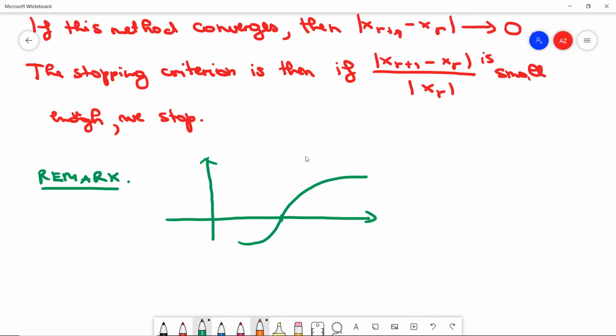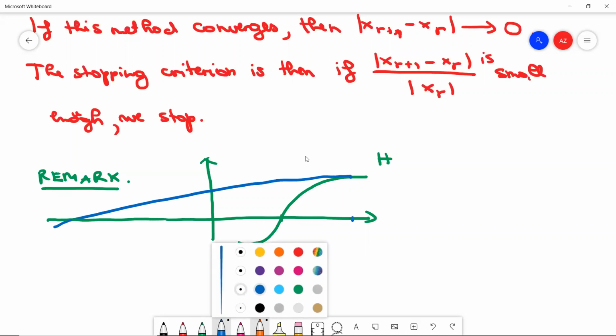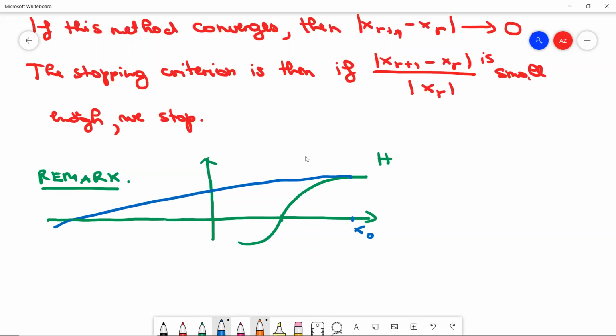If this is our function, and if we choose the initial approximate to be here, then using this tangent method, we see that already the second iterate will be far away, and no convergence is assured. So we started here with x naught, and then already the first iterate went very far away.